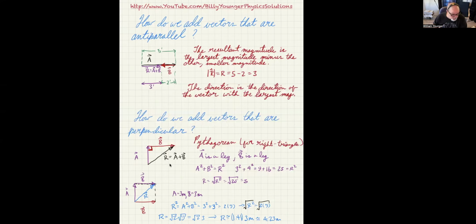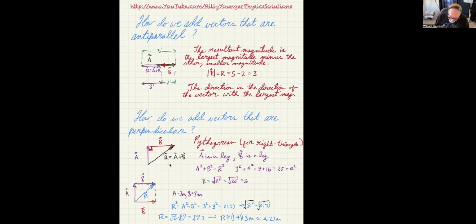If your vectors are perpendicular and equal in size, one's 1 and the other one's 1, for instance, then the resultant vector will be the square root of 2 times 1. If one's 2 and the other one's 2, it'll be the square root of 2 times 2. If one vector's 8.7 and the other vector's 8.7 and they're perpendicular, then it's going to be square root of 2 times 8.7.